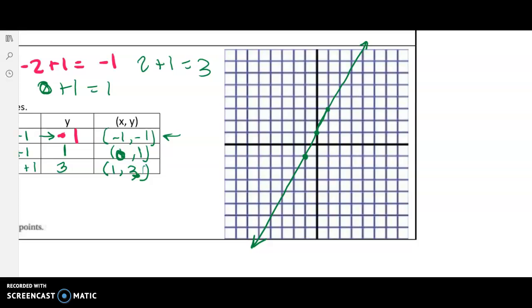And when we do this, we always need 3 points on our graph, and we always need our lines to have arrows. And our lines always need to go all the way off the graph.